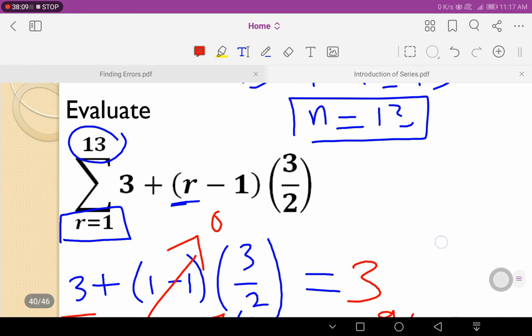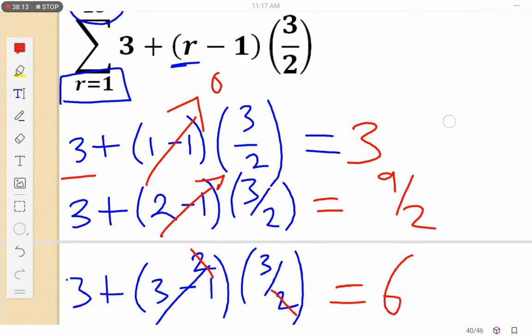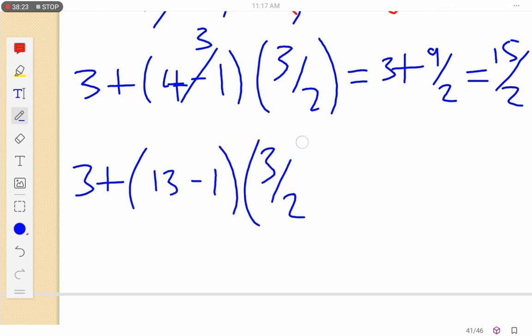When we do up to the 13th term there, you will get a value. Let's see for the 13th term. For the 13th term, I'll have 3 plus 13 minus 1 by 3 over 2. So here I'll have 12. 12 can be divided by 2, 6. 6 by 3.